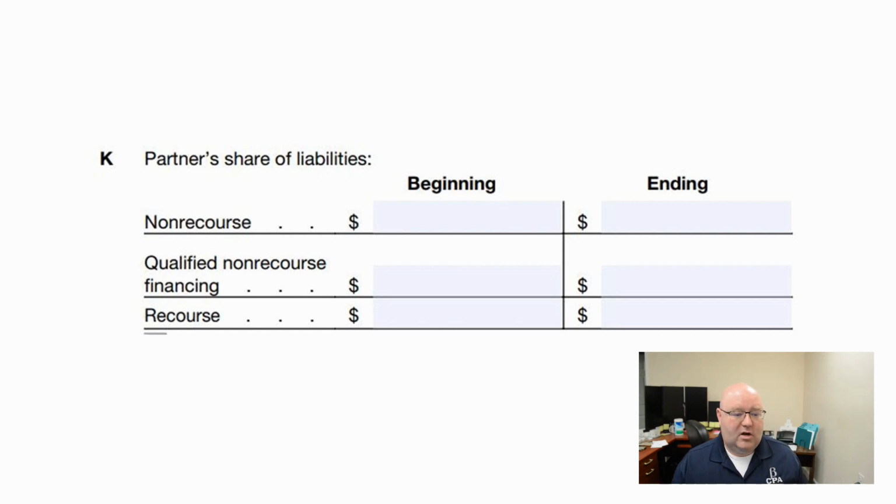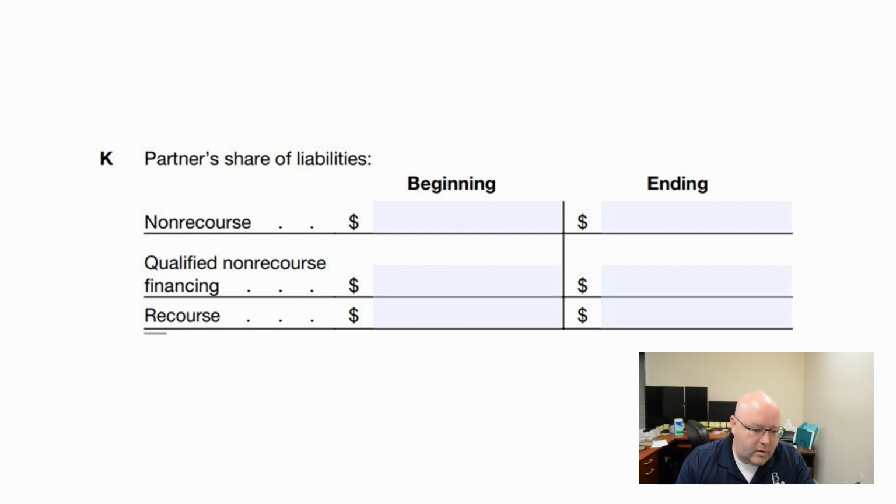This box is actually very important. I've had a number of partnership tax returns where this number is not done correctly. As a result, I've gone to the client and said, I'd be happy to help you out with this, but we're kind of trapped. Oftentimes when they fill out the partnership tax return, they just didn't put a lot of focus on this, thinking, oh, well, there's some non-recourse financing.